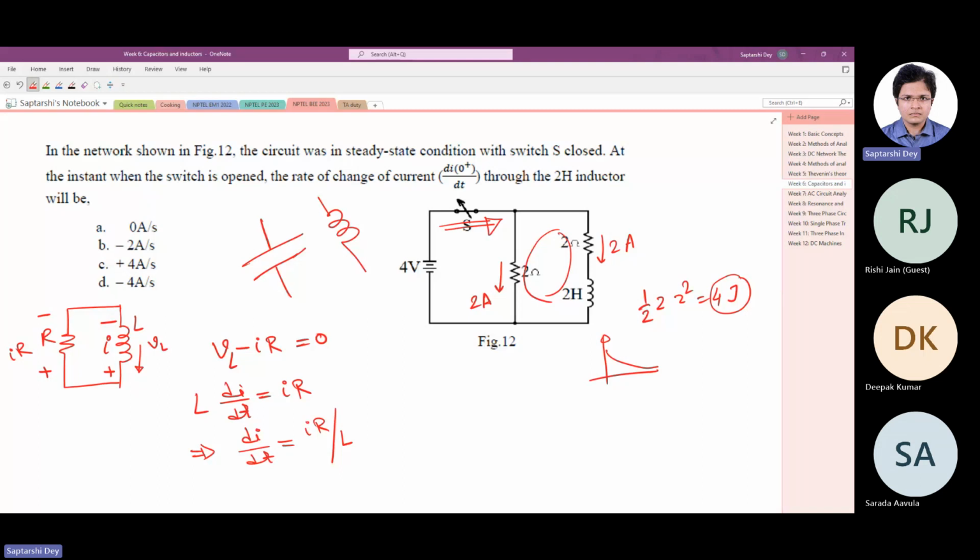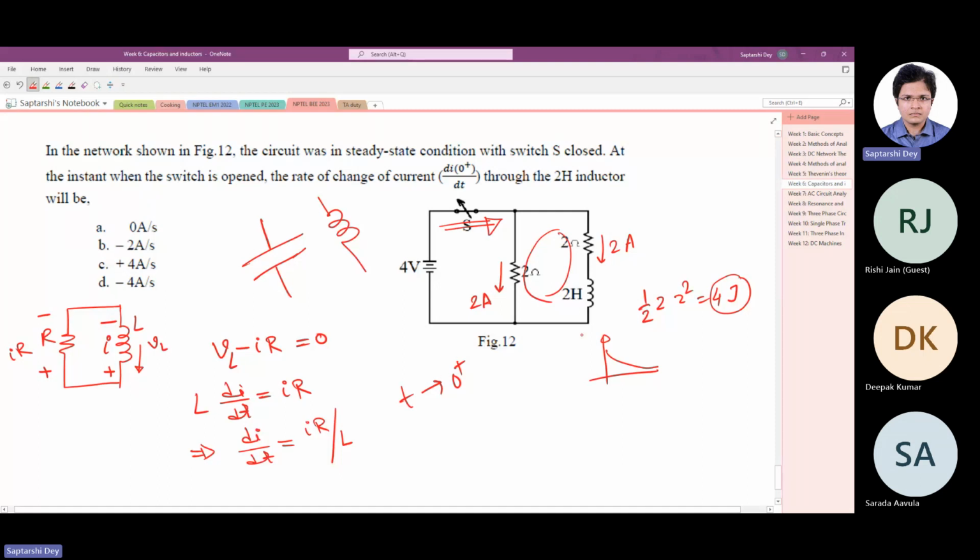Similarly, inductor can withstand sharp change of voltage, but it will not allow sharp change in current. So we can assume that as t tends to 0 plus, the current remains constant at 2 ampere.